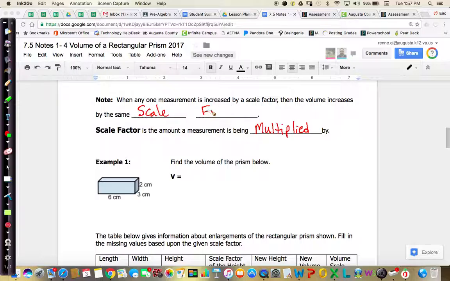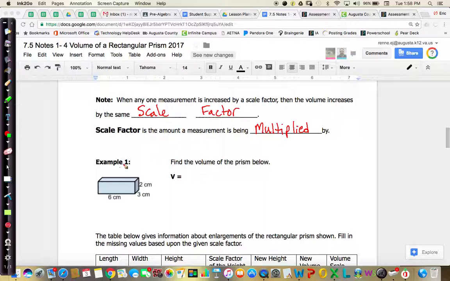And that's what we saw in the example we just did. Basically the scale factor doubled, or was 2, because we multiplied the height by 2 to get from 4 to 8. And so the volume also doubled. So we say they had the same scale factor.